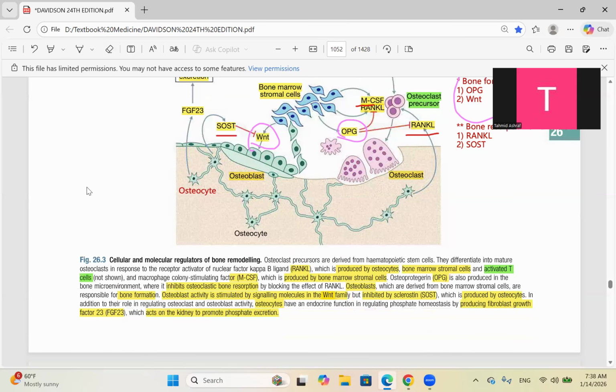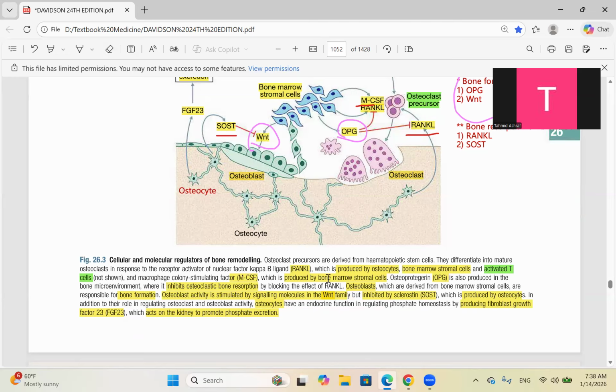Let's read out the highlighting points of this figure. So RANKL is produced by mainly 3 types of cells. Osteocytes, the mature bone cells, then bone marrow stromal cells, and activated T cells. So this information is important for MCQ.